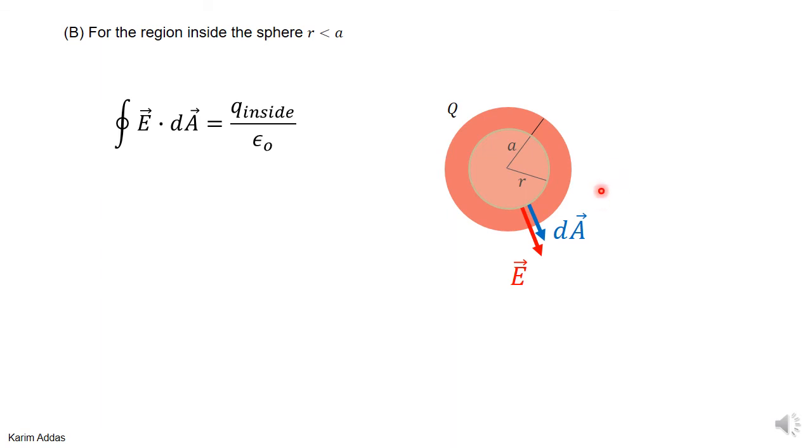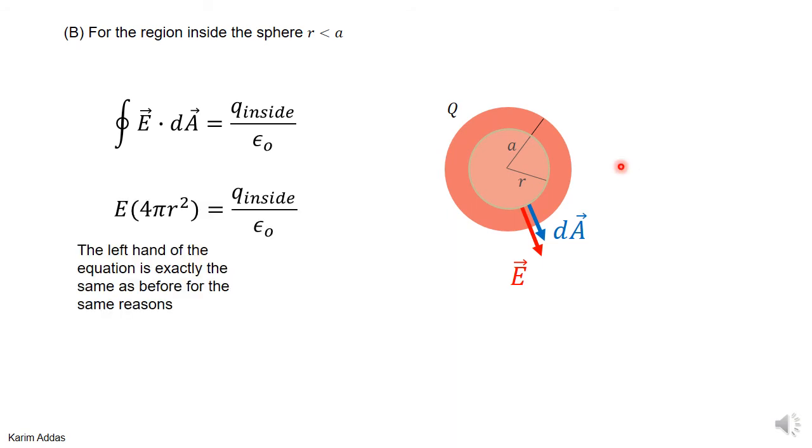You can reason very easily that the direction of the electric field and area vectors will also be in the same direction at every point on this Gaussian sphere. And all the arguments we used before work exactly as they do in this case. So integration of E dot dA becomes E times 4 pi r squared.